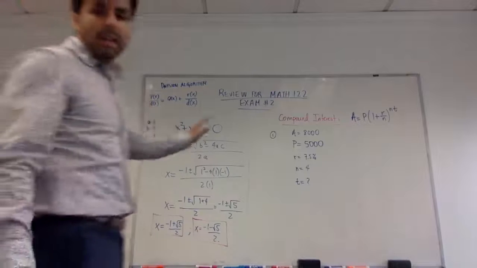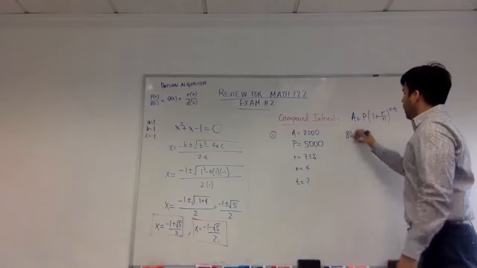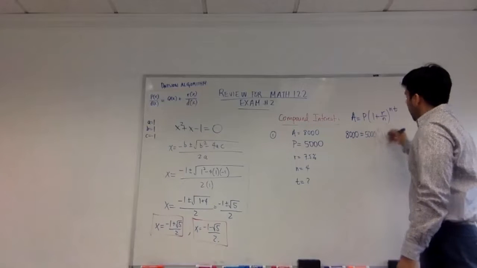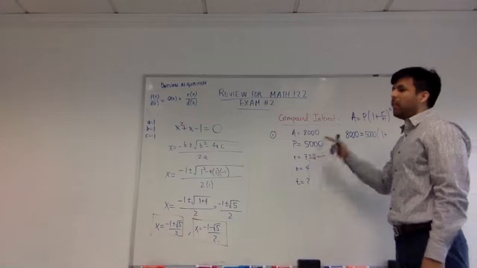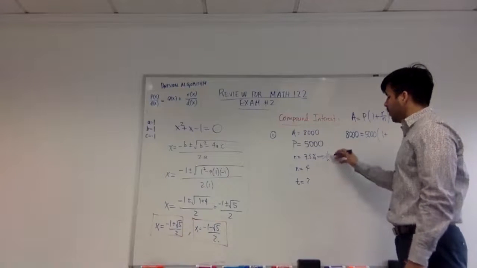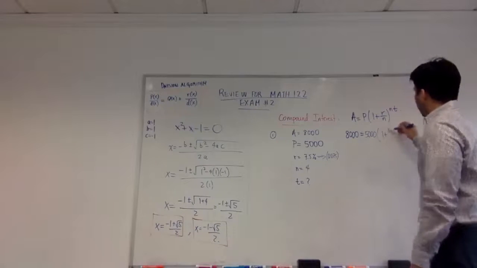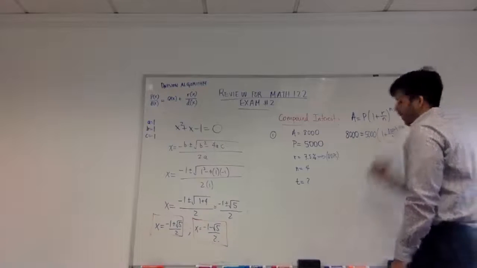I'm going to plug everything that I have inside. So I have 8,000 for A, and P is 5,000. Now remember, whenever you have the percentage, you always want to convert it to a decimal. 0.075 is my r. So it's going to be 0.075 divided by 4, raised to the 4t.